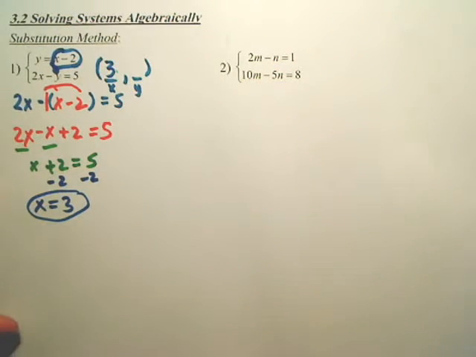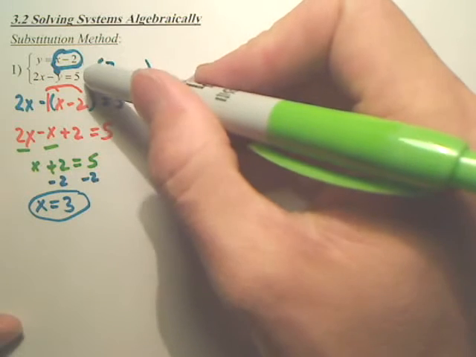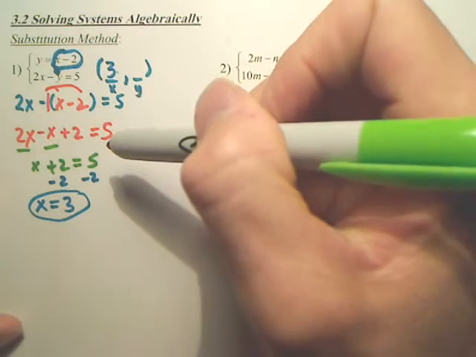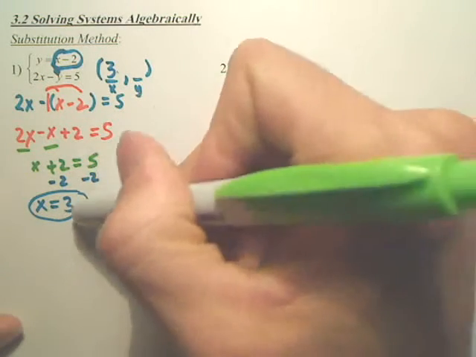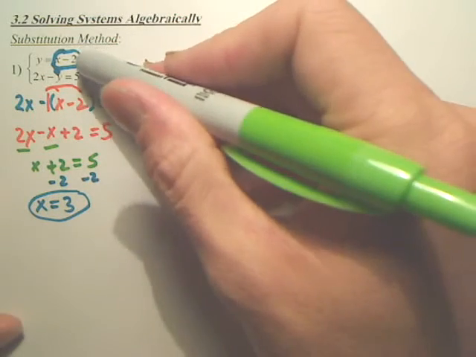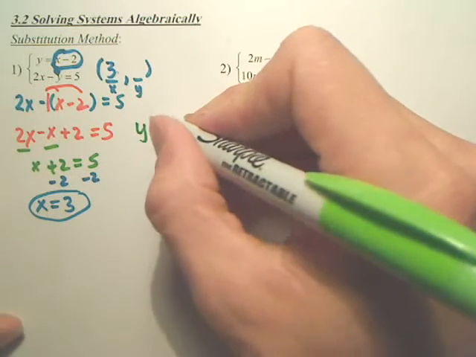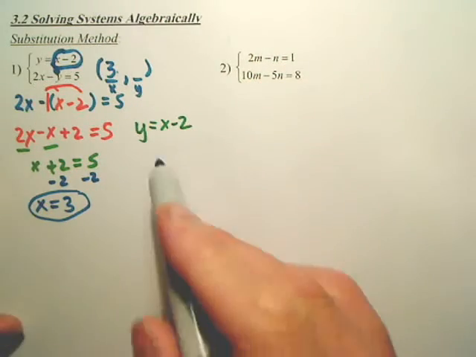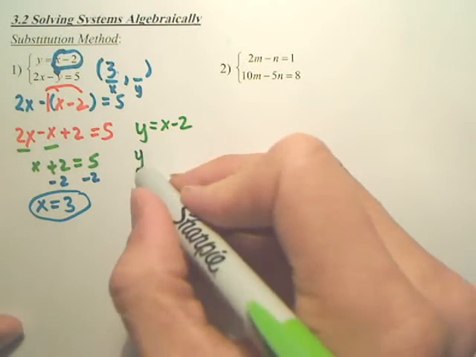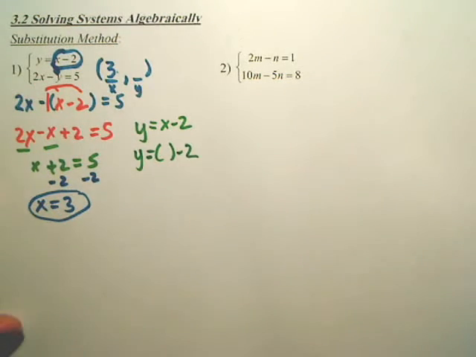What do we need now? Y. So if I know x is 3, could I go back up to one of these two earlier equations and find y? Yeah. Which equation looks easier to plug 3 in for x? Hopefully the first one seems easier. Take the first equation. That's the first equation. And all I'm going to do is replace x with what?